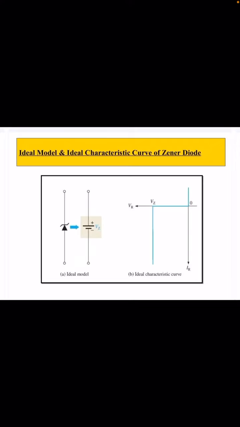This is the ideal model and characteristic of the Zener diode. As you can see, we have shown the reverse bias, the reverse voltage and the reverse current.